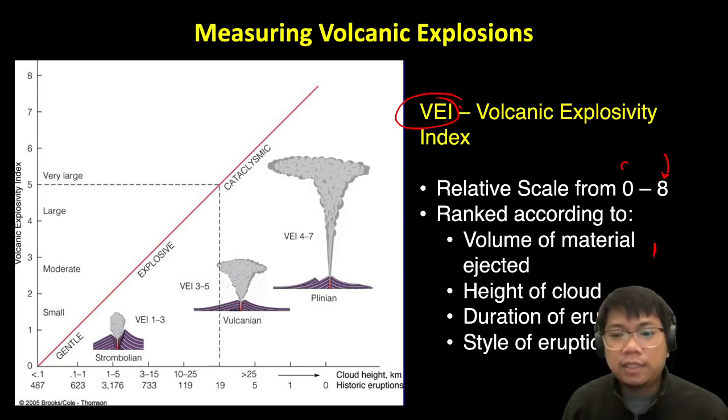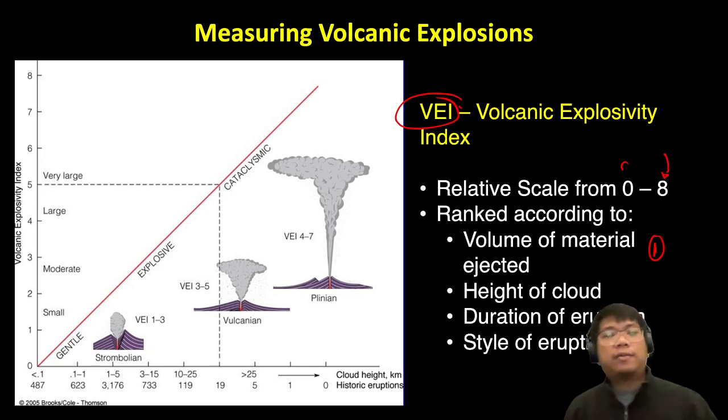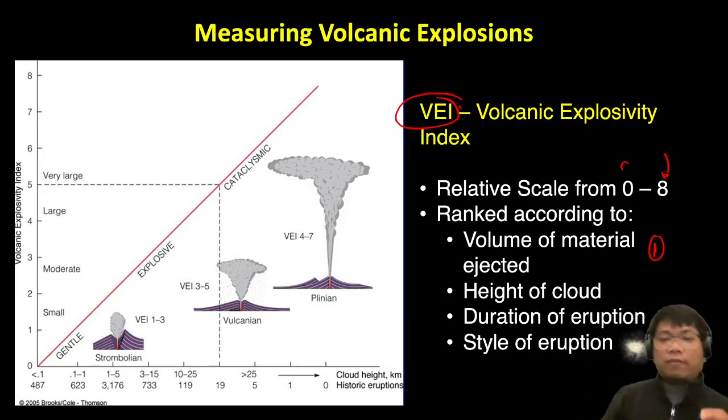The first one is the volume of material ejected from the volcano, and geoscientists also measure the height of the cloud produced by the volcanic eruption, as well as the duration of the eruption.